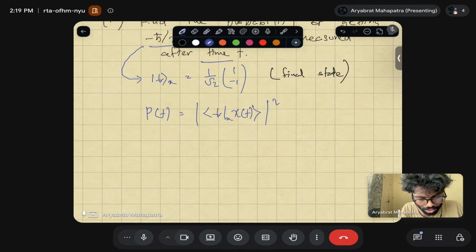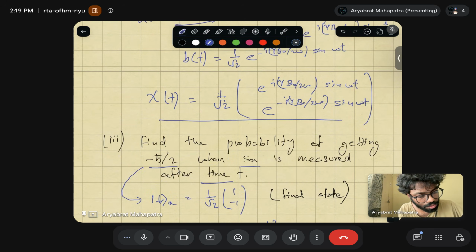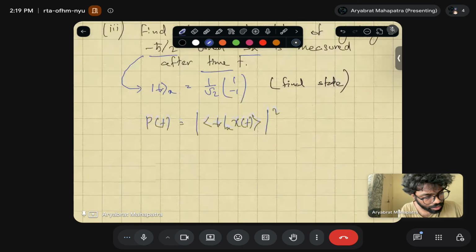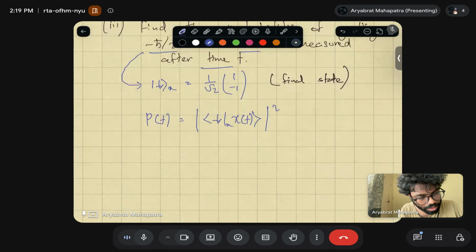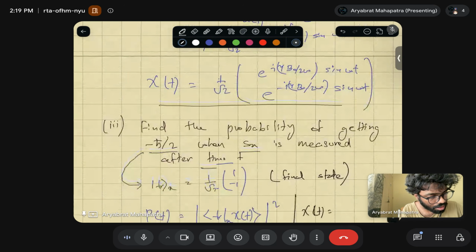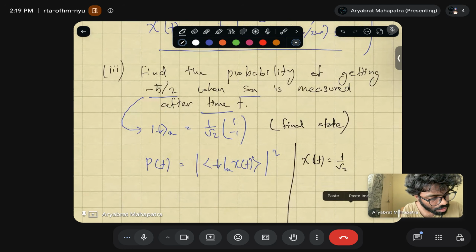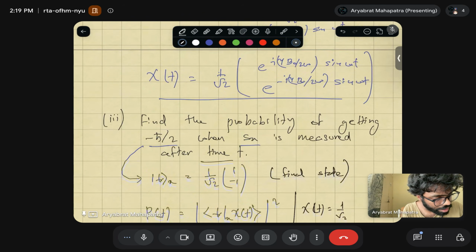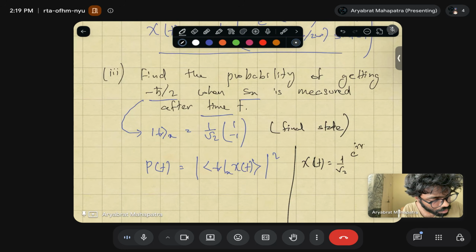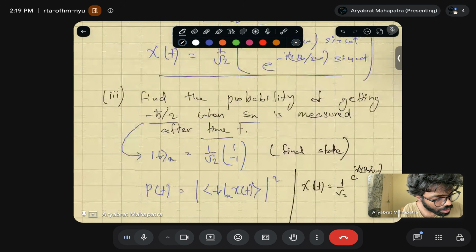For chi of t, we have to use the one we found out here. Let me write down chi of t again: 1 over square root 2 times exponential of i gamma B naught over 2 omega sine omega t.